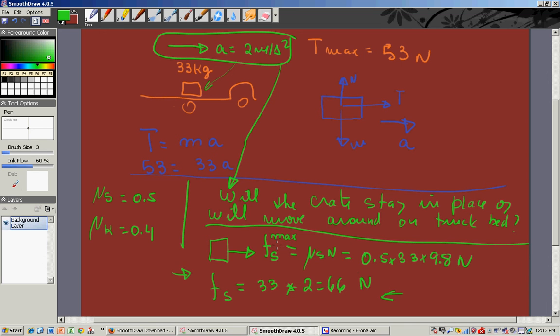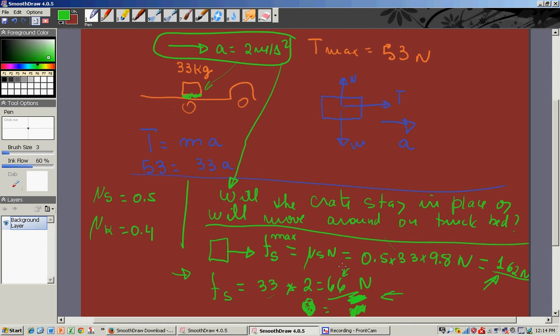So if the truck moves with an acceleration of 2 meters per second squared, which means the crate is also going in that direction, according to Newton's second law this static friction has a value of 66 newtons. What is the maximum value of static friction under these conditions?